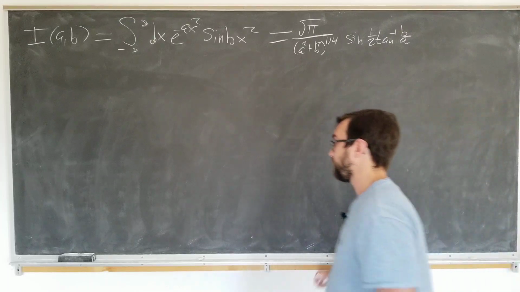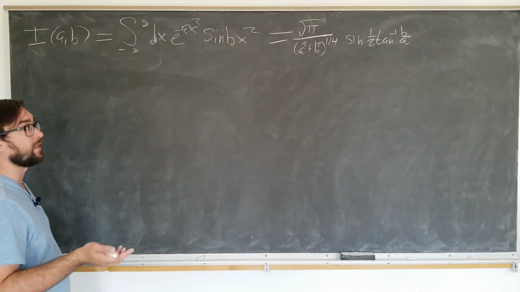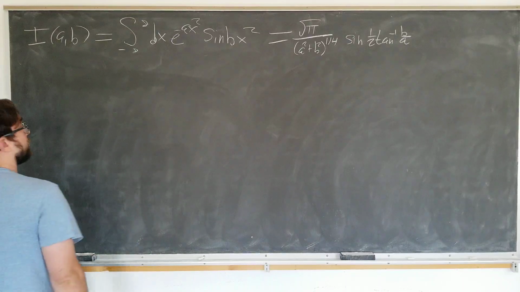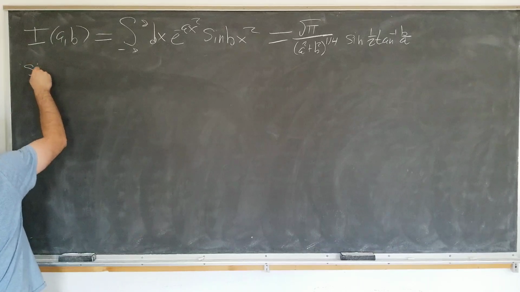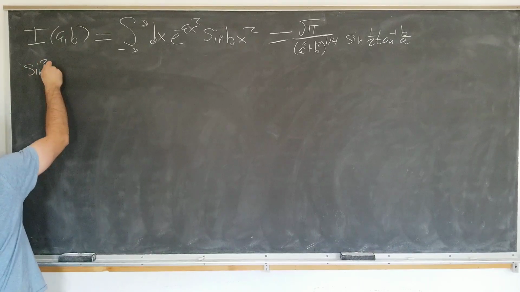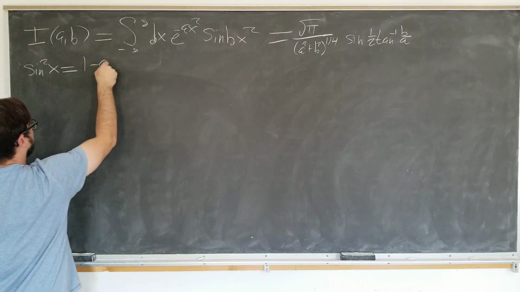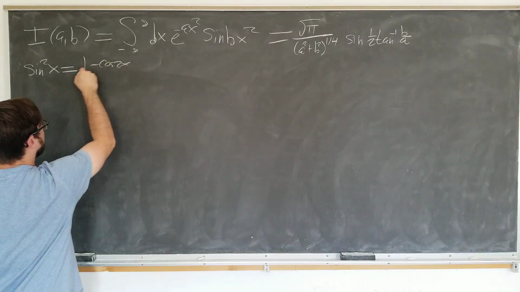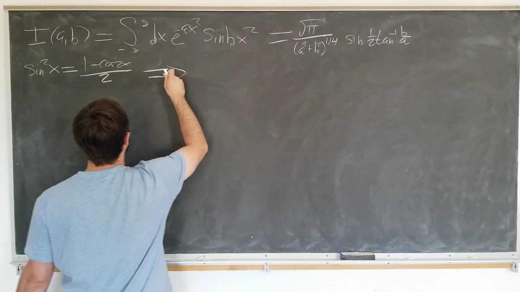We'll just be using this identity. I always recall this one from quantum mechanics since we have the sine squared integrals all the time. This identity states that sine squared of x is equal to (1 minus cos 2x) over 2, which we can then rewrite in this form.